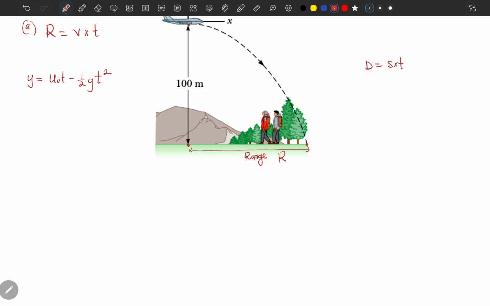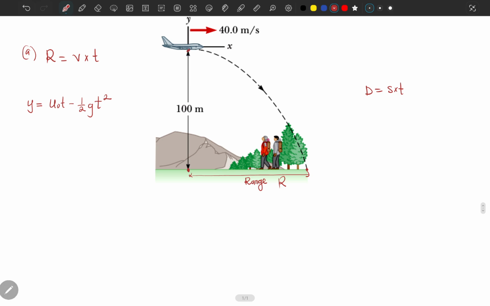Now this is where we need to be very careful. Remember that the package was dropping down, so our distance will actually be negative, because it was going in the opposite direction. That would be negative 100. Initial velocity in our case is 0, so everything here becomes 0 minus 1/2, gravity is 9.8, and t squared.